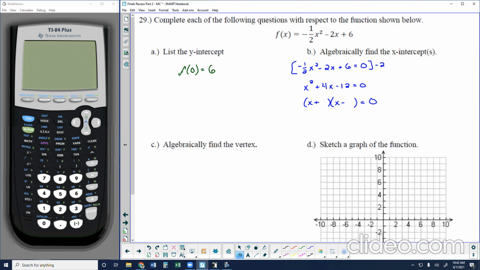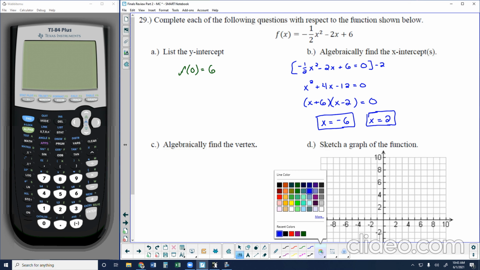Factors of negative 12 that would, through distribution, give me a 4x would be 6 and negative 2. Then solving here, I would set each factor equal to 0. You can show that work if you would like. So set both factors equal to 0 and then solve. I would get x equals negative 6 and x equals 2. I'm going to need to sketch the graph of my function eventually, so I'm going to need those points in a little bit.